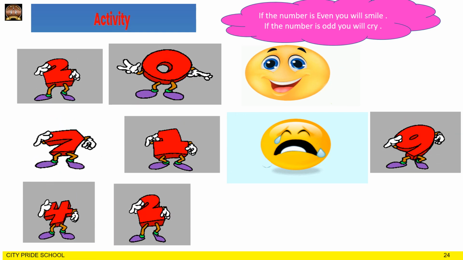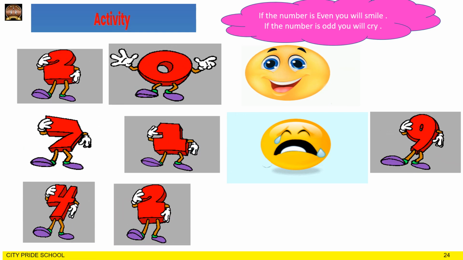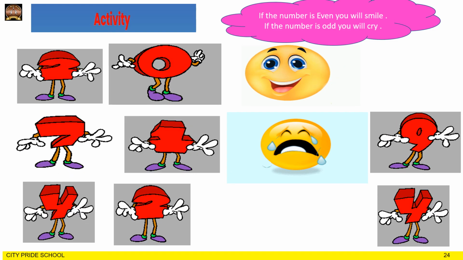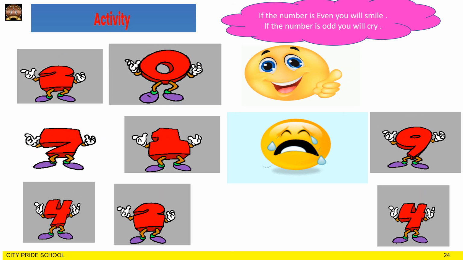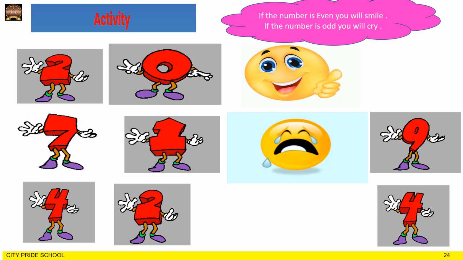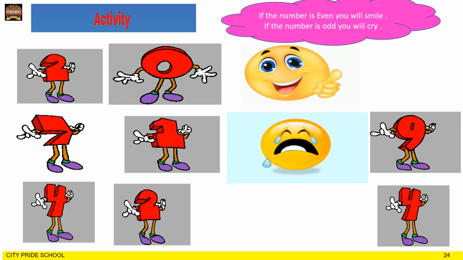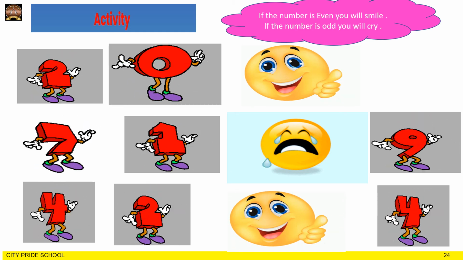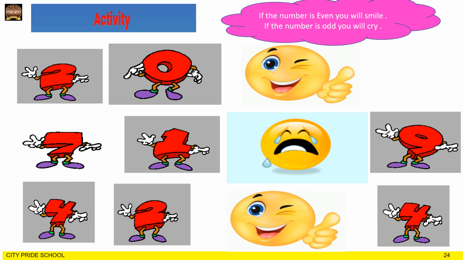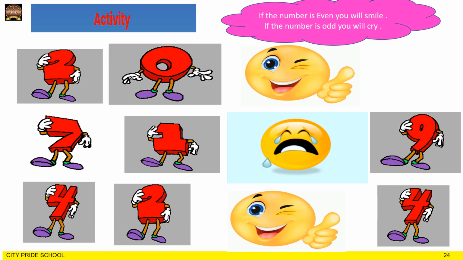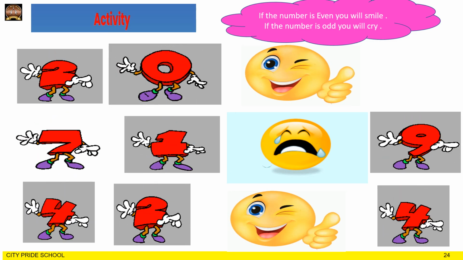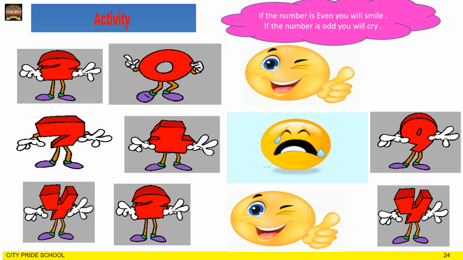Now 4 and 2 is 42, and here there is 4. So is it odd or even now? 42 and 4, even or odd? Correct. It is an even number. And we will smile. Yes, I hope so. You all enjoyed this activity, right?